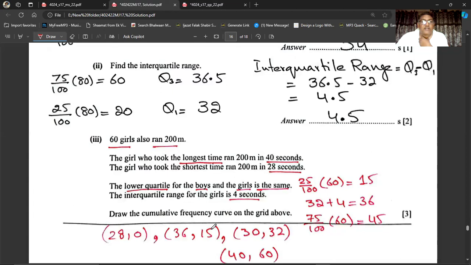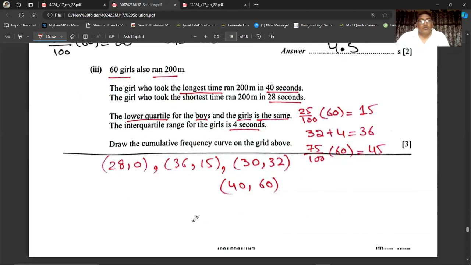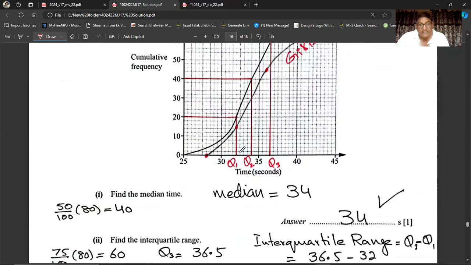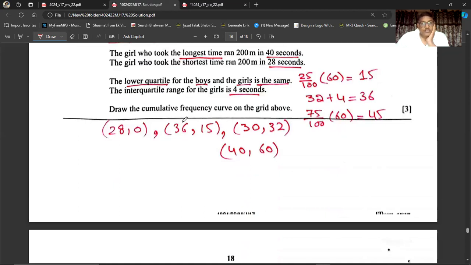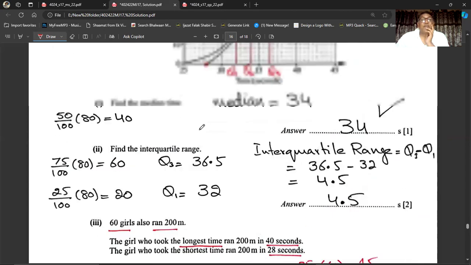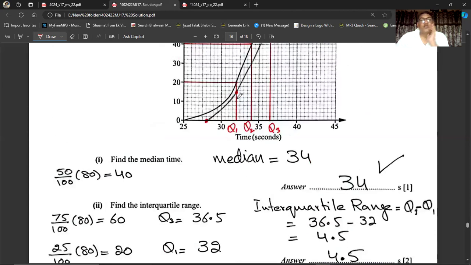I'm going to plot this point. So I plotted this point, 32 comma 15.